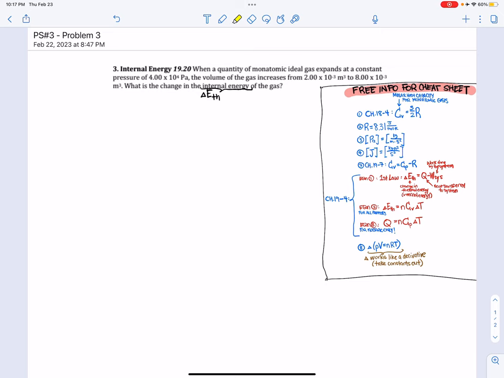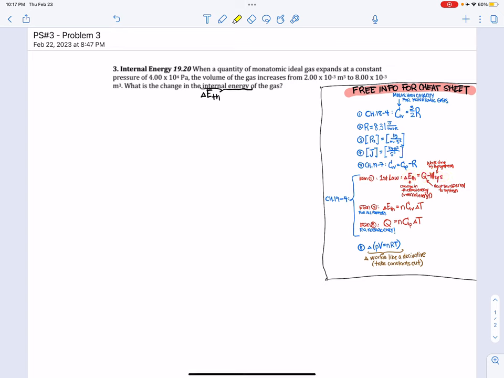And also from chapter 19, section 4, there are 3 equations that are very important that you should know and have in your cheat sheet. Equation number 1 is the first law of thermodynamics: the change in thermal energy, also known as internal energy, is equal to the heat transferred to the system minus the work done by the system.